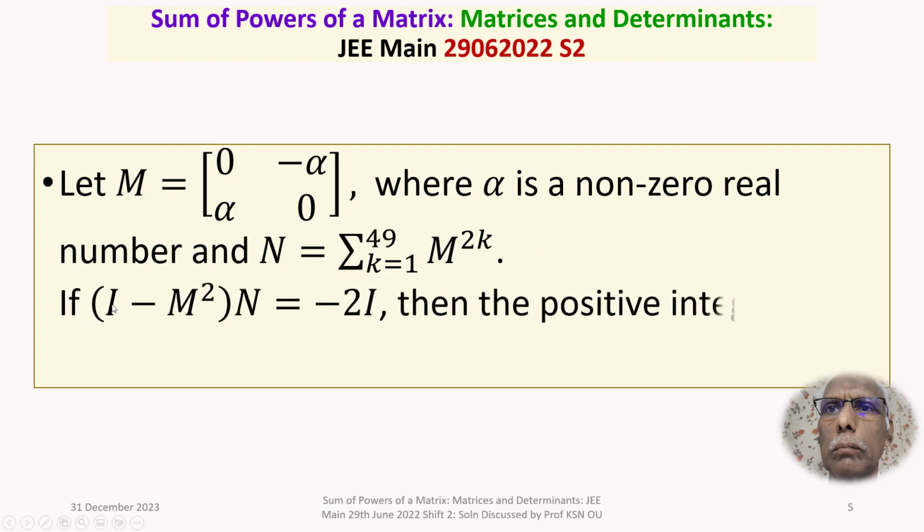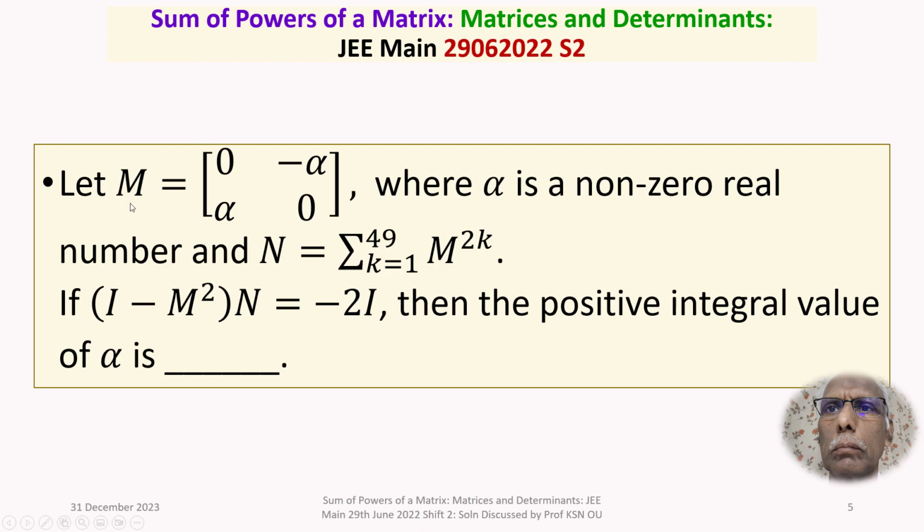If (I minus M square) multiplied by N is equal to minus 2I, then the positive integral value of alpha is. It is a numerical type question.